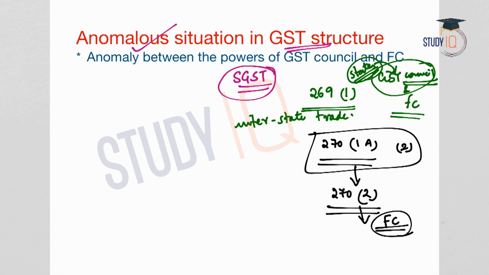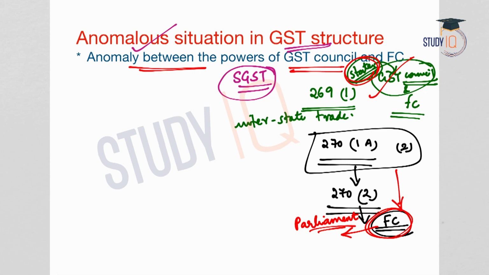When it comes to the Finance Commission, the authority is the Parliament. But under the GST Council, as we have learned, the states have votes. That means states have a considerable say. But when it comes to the Finance Commission, Parliament has more authority. So this will lead to an anomaly between the roles and powers of the GST Council and the Finance Commission.